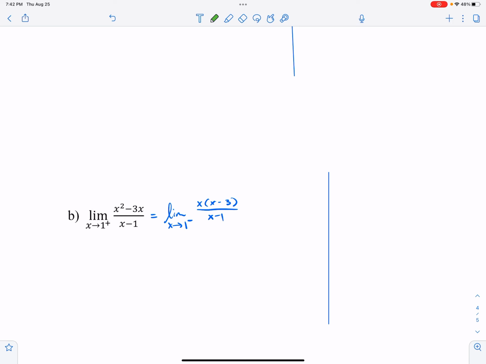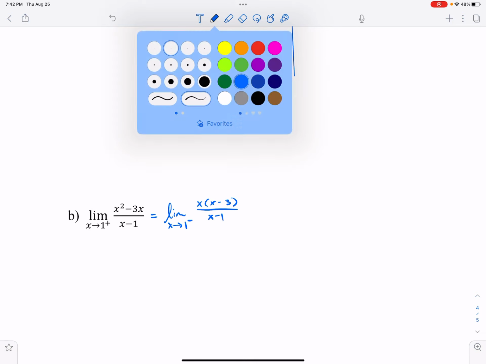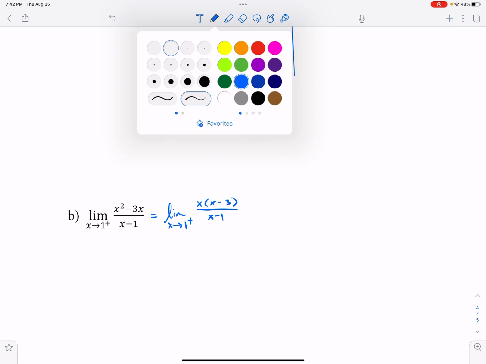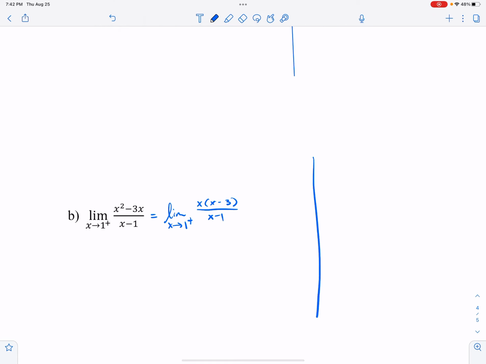And directly to the left, or sorry, directly to the right of 1, sorry, this should be plus now, right? Directly to the right of 1, I'm going to use 1.001.